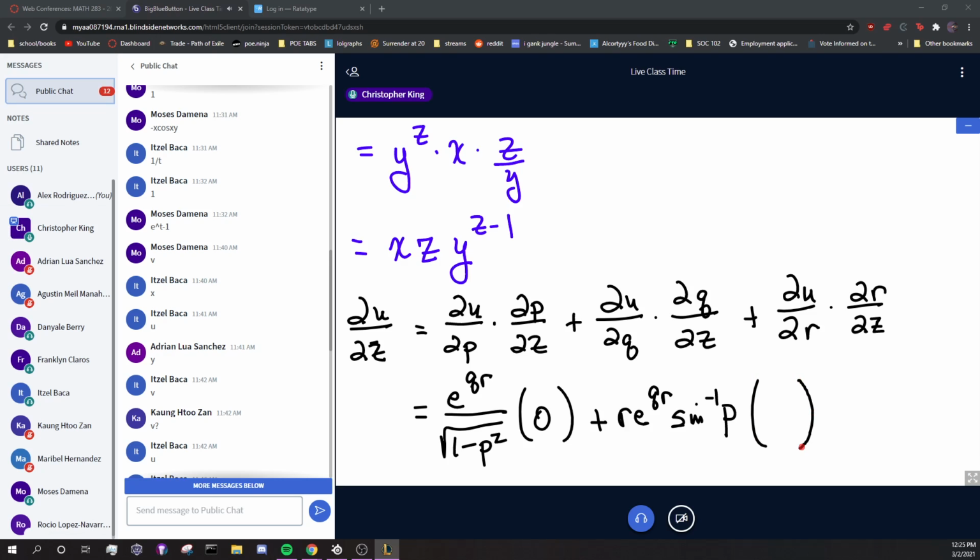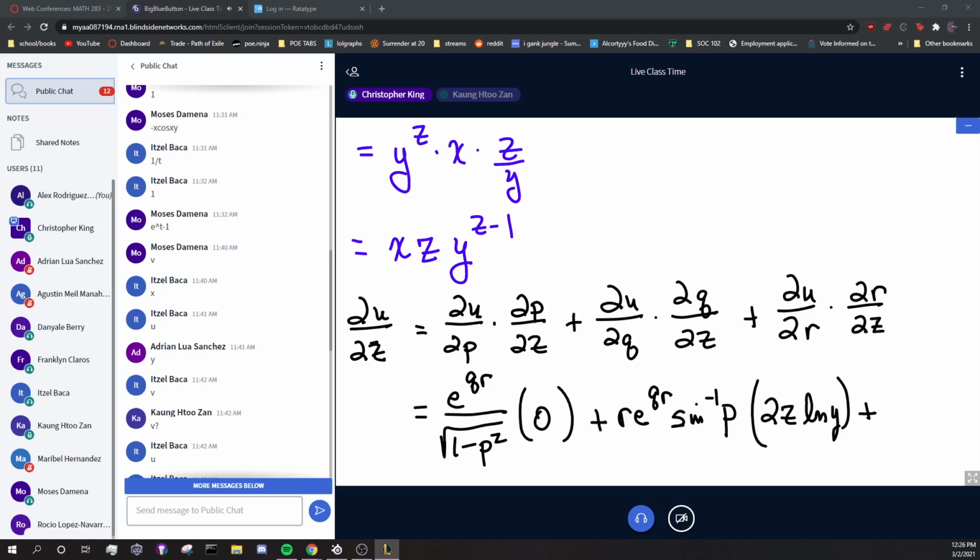Now we're going to multiply that by the partial of q with respect to z. What will we end up with? 2z ln y. Okay, 2z times the natural log of y.